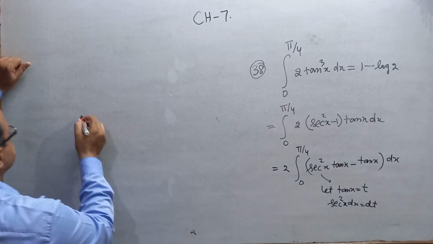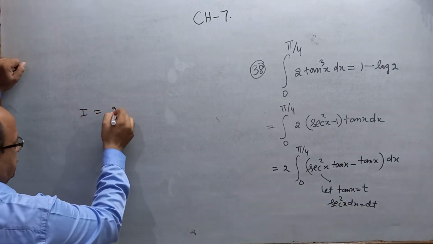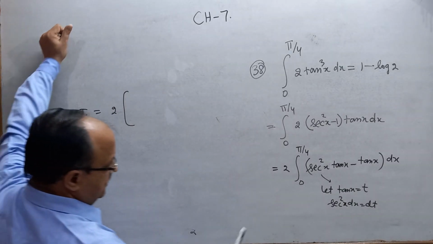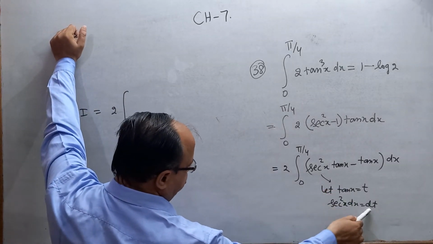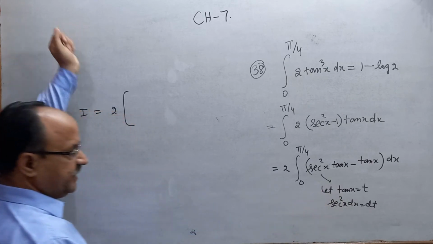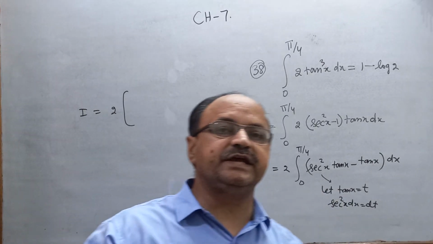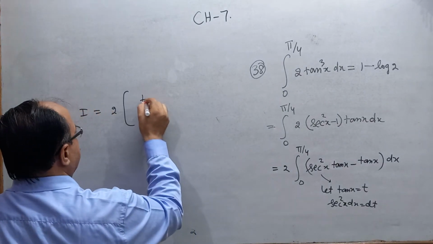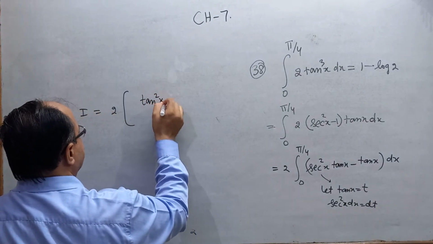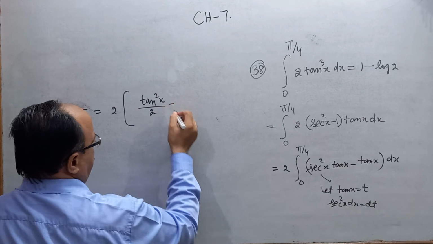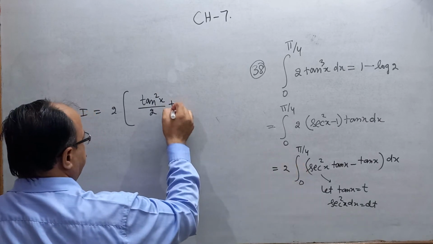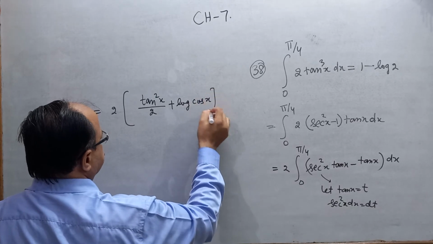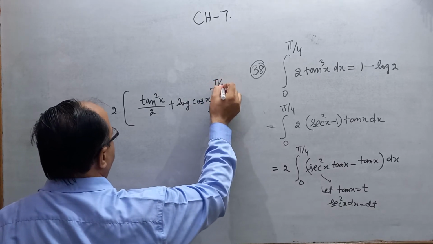Therefore, you can write sec square dx converted into dt. Here it will become t, and the integration of t is t square by 2, that means tan square x by 2, minus the integration of tan x, that is log cos x, from 0 to pi by 4.